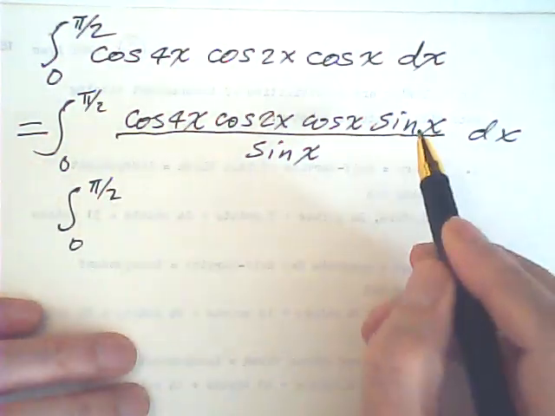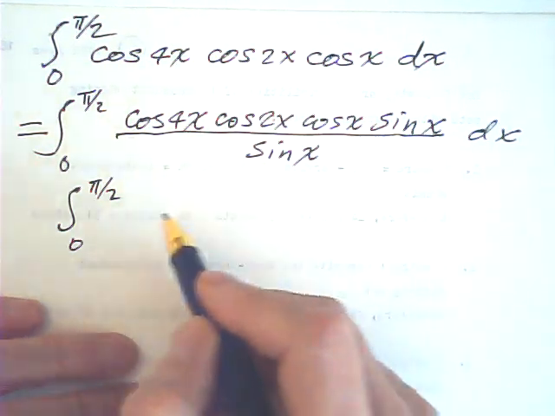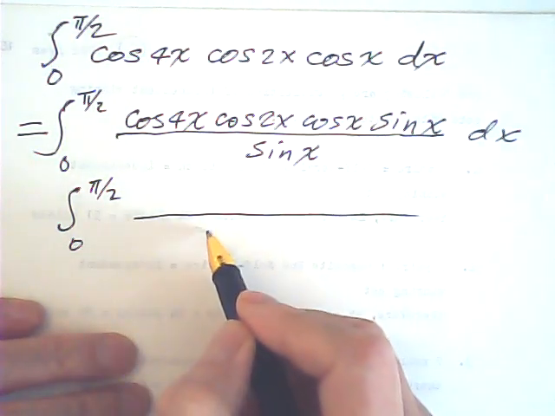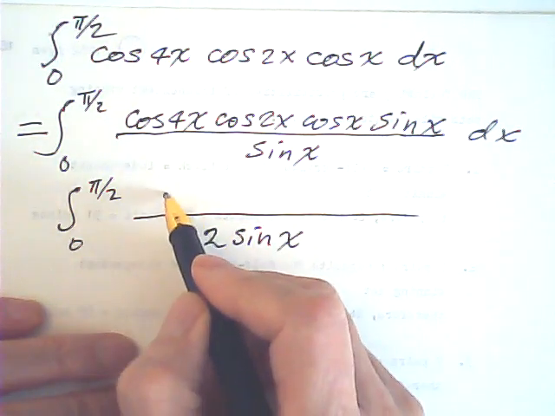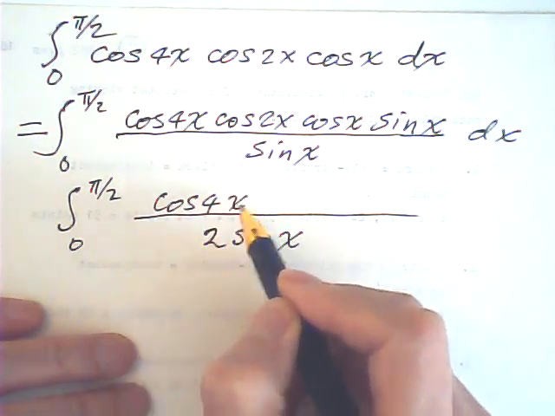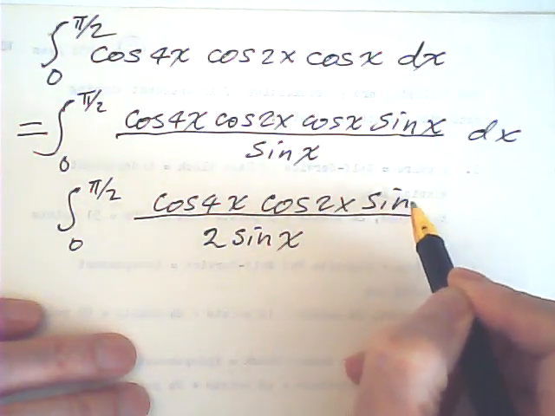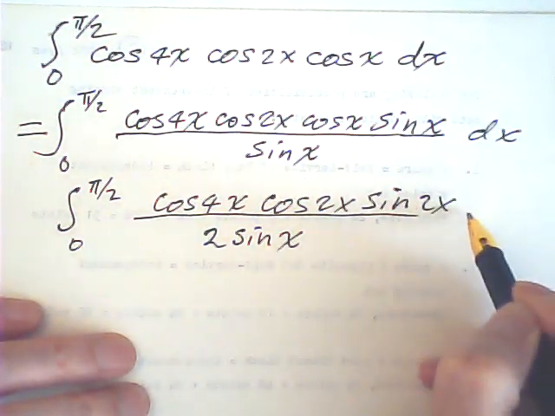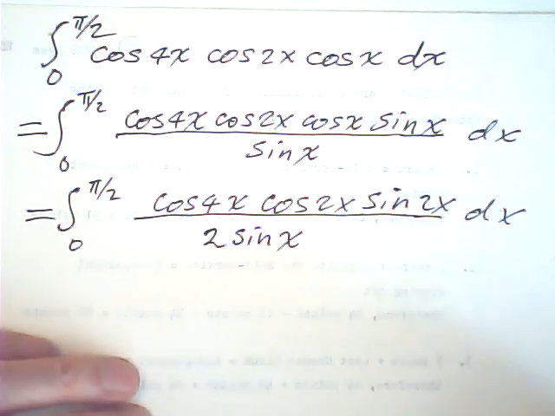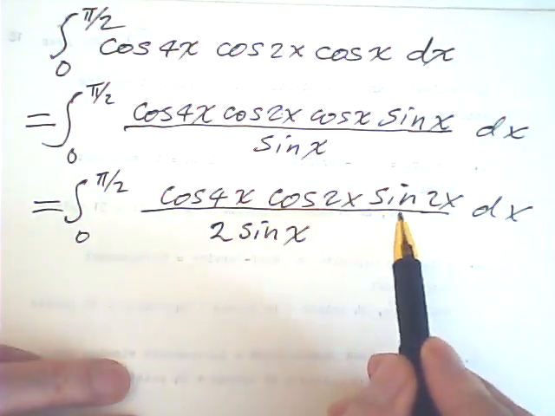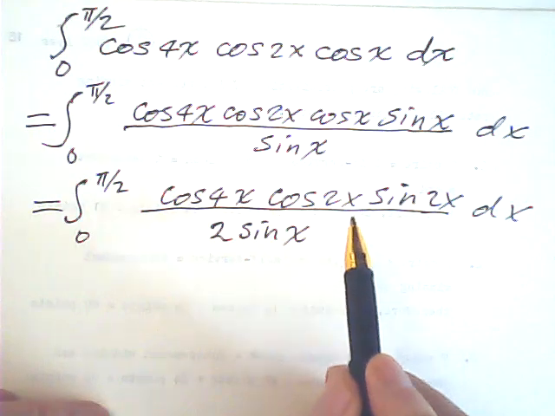Then sine x cosine x is a half sine 2x, right? So I write 2 here, sine x, and cosine 4x, cosine 2x, and sine 2x dx. Then again, sine 2x cosine 2x is 1/2 sine 4x, right?